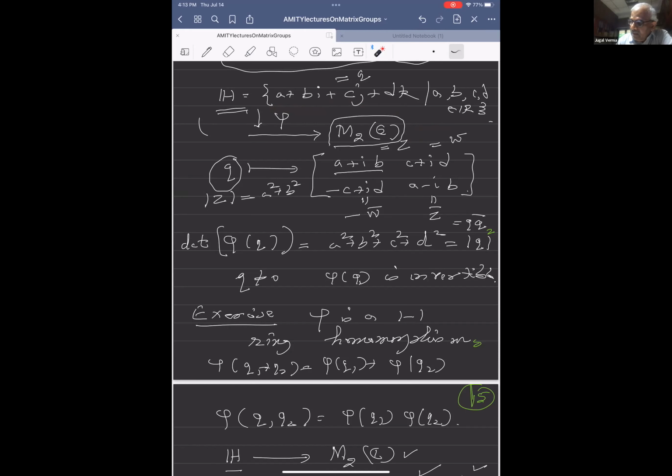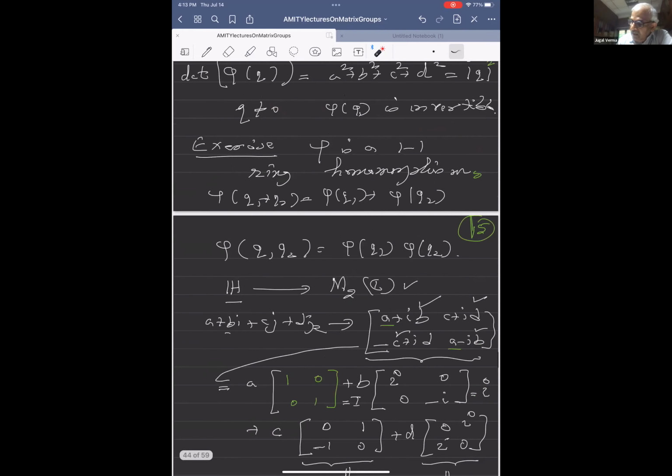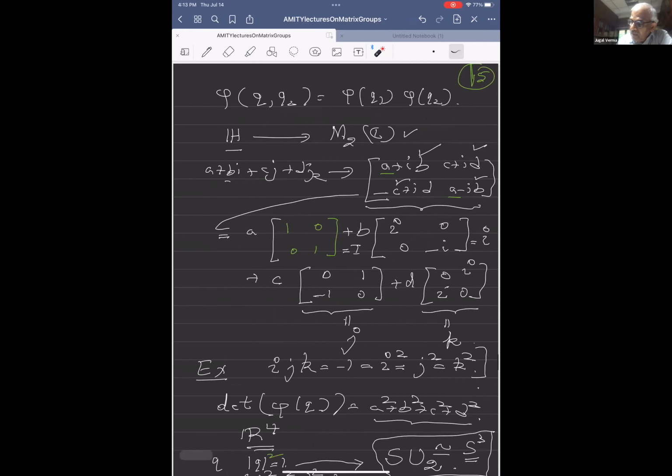And then you write these matrices of this type as a linear combination of these 4 matrices. And all these 4 matrices are members of SU2. You can check each one of these. This is the identity matrix, and this matrix has determinant 1. This matrix also has determinant 1.